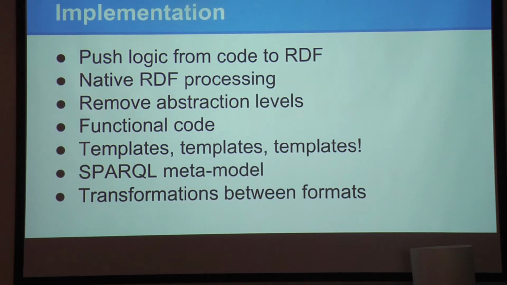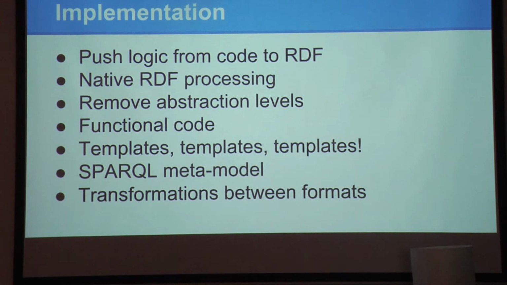Some of the implementation steps: we need to push as much logic as possible from imperative code, such as Java or PHP or Python, into RDF, and then go for native RDF processing. Use native RDF tools. Throw out the object layers if we don't need them.